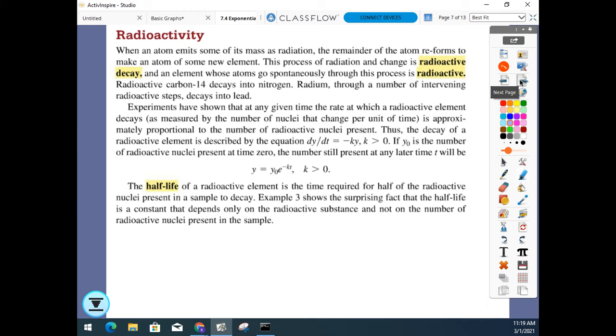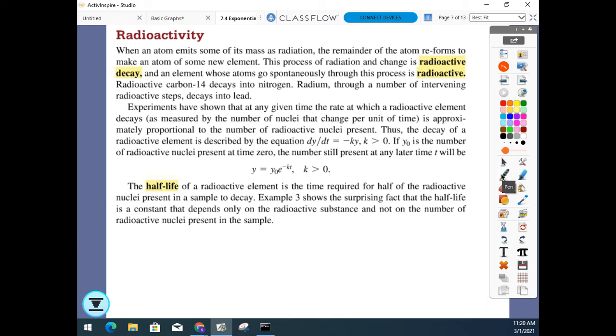All right, so radioactive decay. Let's think about decay: it just means it's getting smaller. So since it is getting smaller, does it make sense my exponent will be negative? Okay. k is greater than 0, but it's a negative exponent.